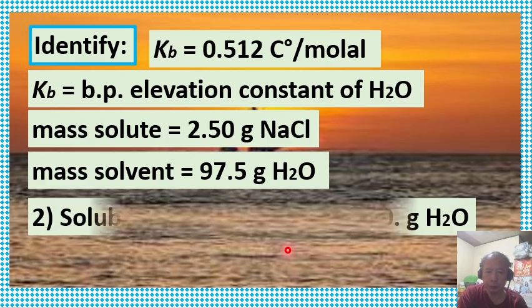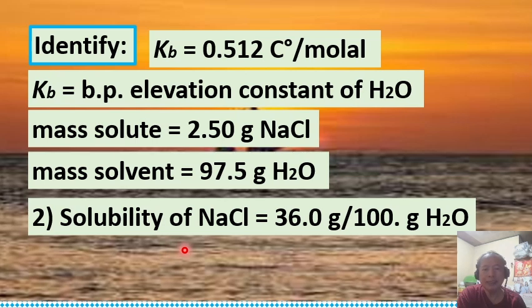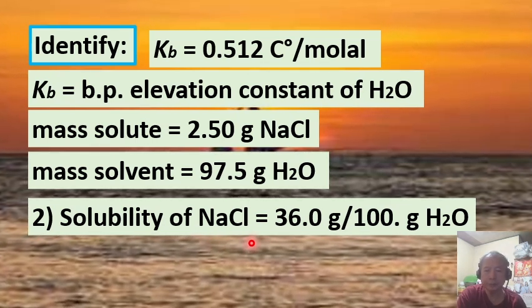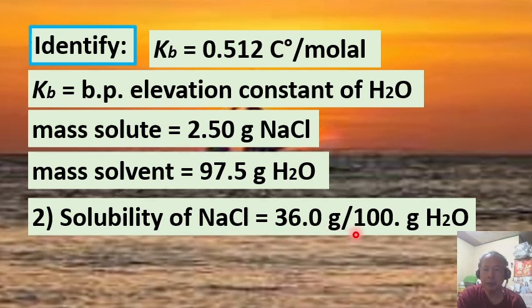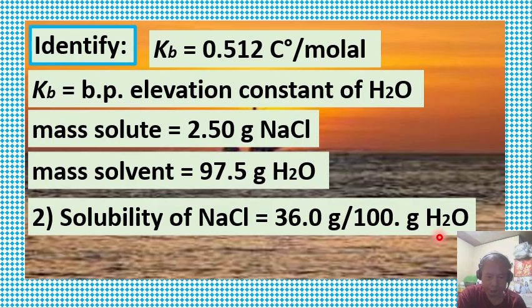For question number 2, we are given the solubility of sodium chloride, equal to 36.0 grams per 100.0 grams of water.